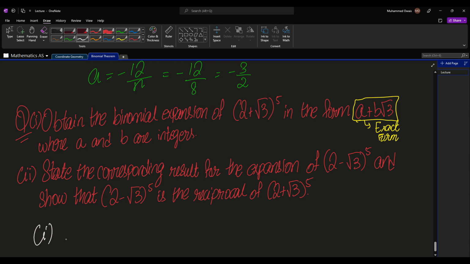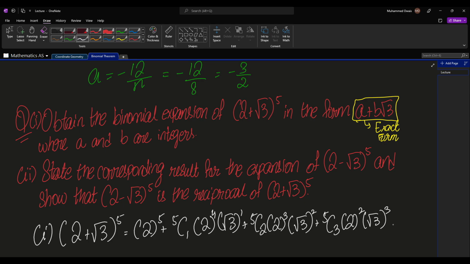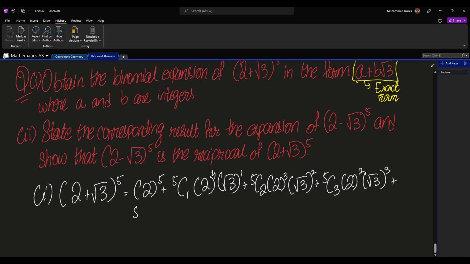Part I. So (2 plus under root 3) power 5 is equal to 2 power 5, because 2 is a and under root 3 is b, plus 5C1 into 2 power 5 minus 1, which is 4, and then b is under root 3, so the power is 1, plus 5C2 into 2 power 3, because 5 minus 2 is 3, under root 3 squared, plus 5C3 into 2 squared, into under root 3 power 3, plus 5C4 into 2 power 1, under root 3 power 4.